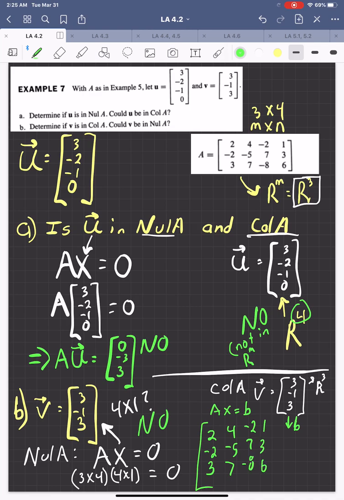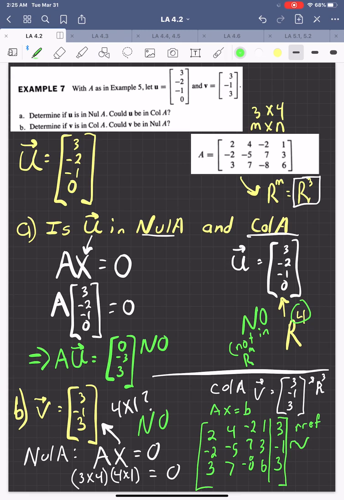Now, that's just matrix A. That's just a coefficient matrix. I'm going to turn this into an augmented matrix, and I'm going to use this vector V. And here's the deal. All you have to do is row reduce this and see if your matrix is a consistent system.